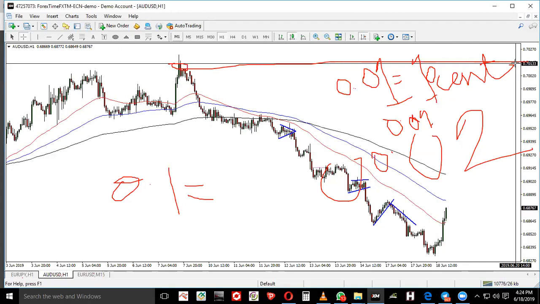Now if you want to measure from top to down, it means the percentage decrement. You understand? This percentage decrement, you are measuring it from top to down.